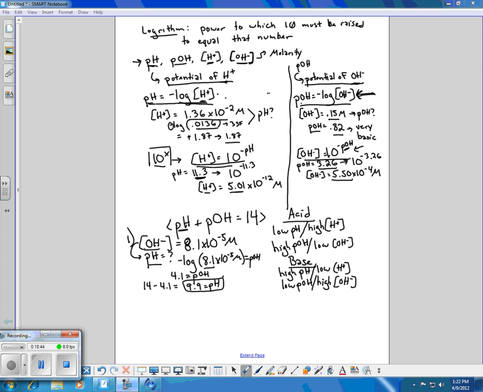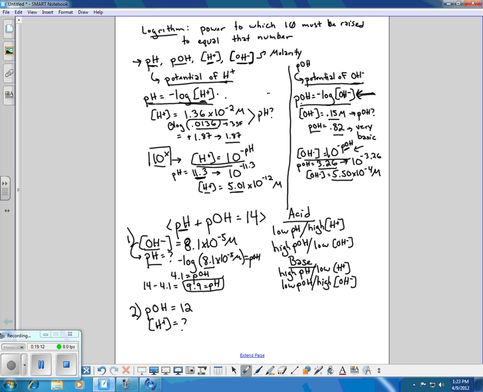Okay, zoomed out one more time. The last thing we're going to do is one more problem, just to make sure we've got the hang of it. This time, if I gave you a pOH value, let's say of 12, and I wanted you to find the hydroxide concentration. Same kind of thing again, where I'm giving you a number, but there's no direct route from one to the other.